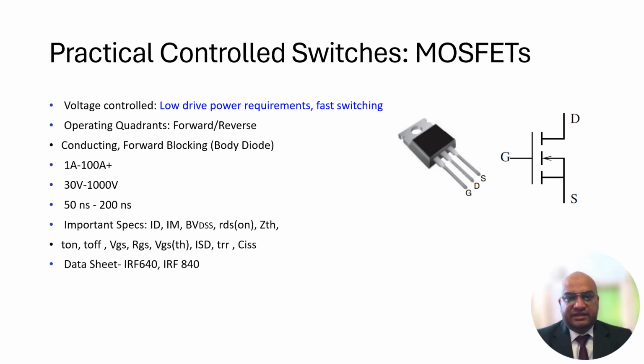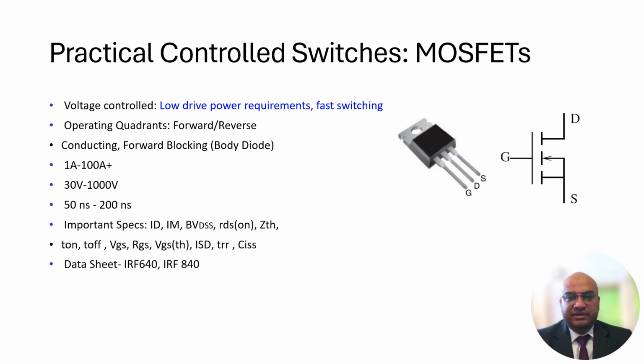Since this is the fastest switching device, the range is in nanoseconds, from 50 to 200 nanoseconds. Important specifications to be observed while choosing a device are drain current, RDS on state, on state time, off state time, VGS threshold, etc.